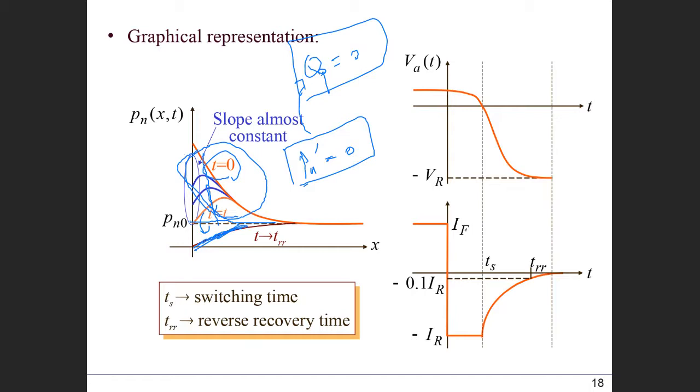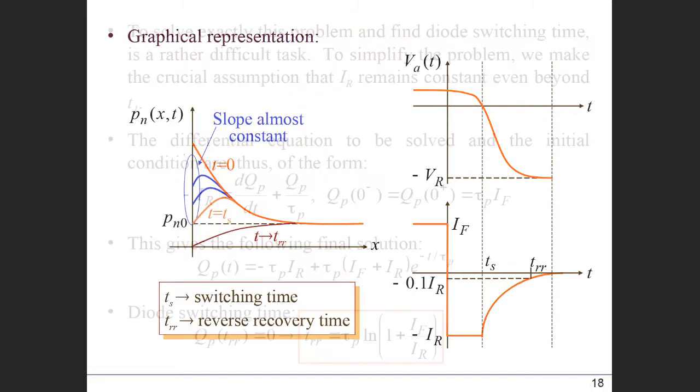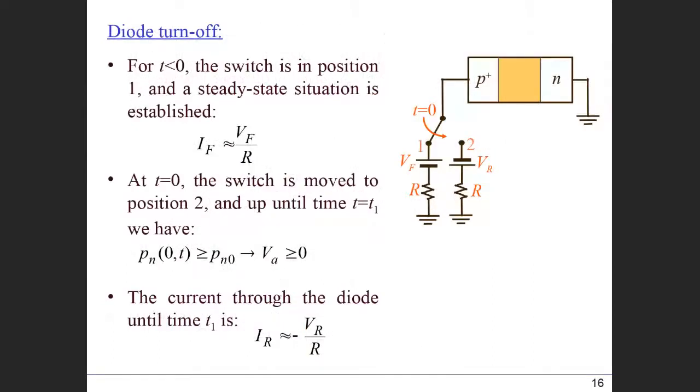So this implies that, if you look at our switching structure here, before time equals 0, the diode flows the forward bias current IF through this p-n diode.